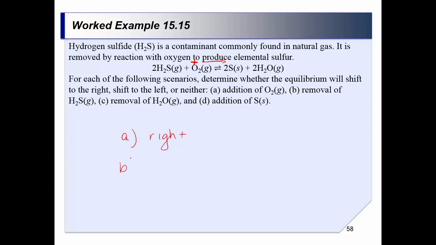For B, if we're going to remove hydrogen sulfide, so we're taking this out, we will shift towards a removal. So this will shift to the left. For C, if we're going to remove water, we're going to remove steam, basically, we will shift towards a removal in order to alleviate that stress. That's to the right.